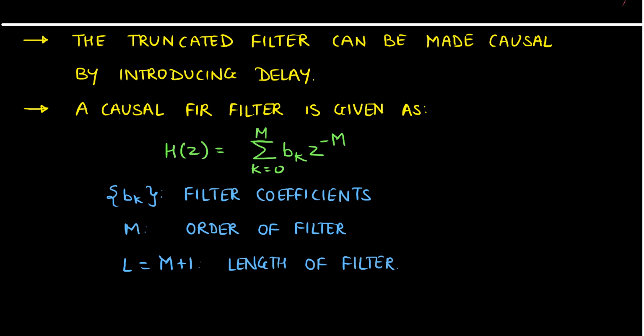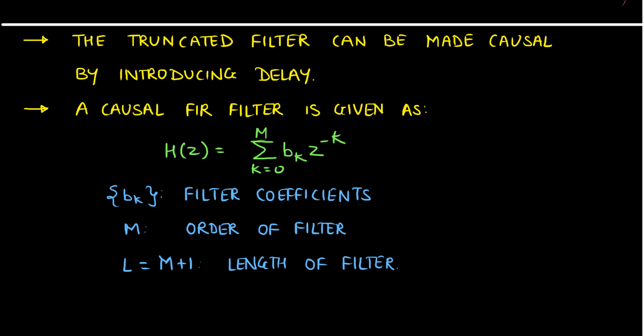We have also seen the causal FIR filter's standard representation for the Z transform, which is given as H of z equal to the summation of k running from 0 to m of b of k into z to the power minus k, where these bk's are nothing but the filter coefficients. This m is the order of the filter, and L, given as m plus 1, is nothing but the length of the filter.